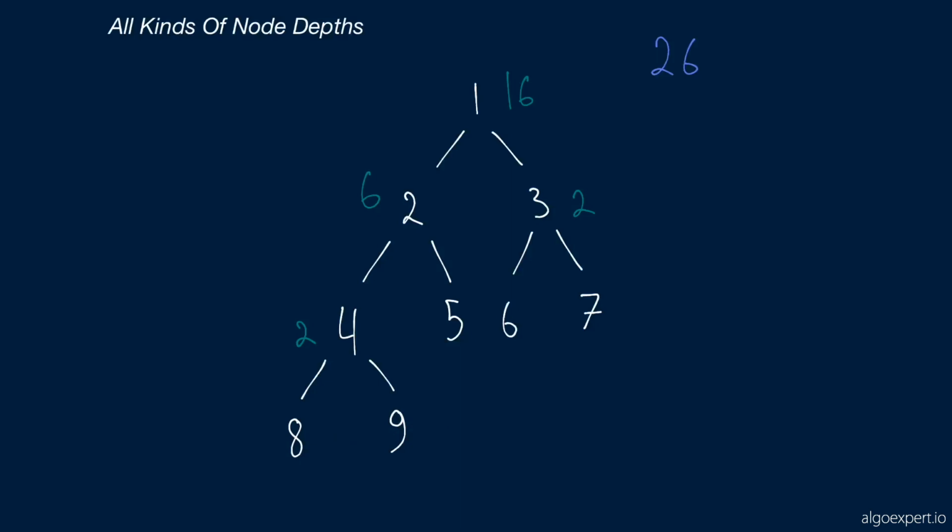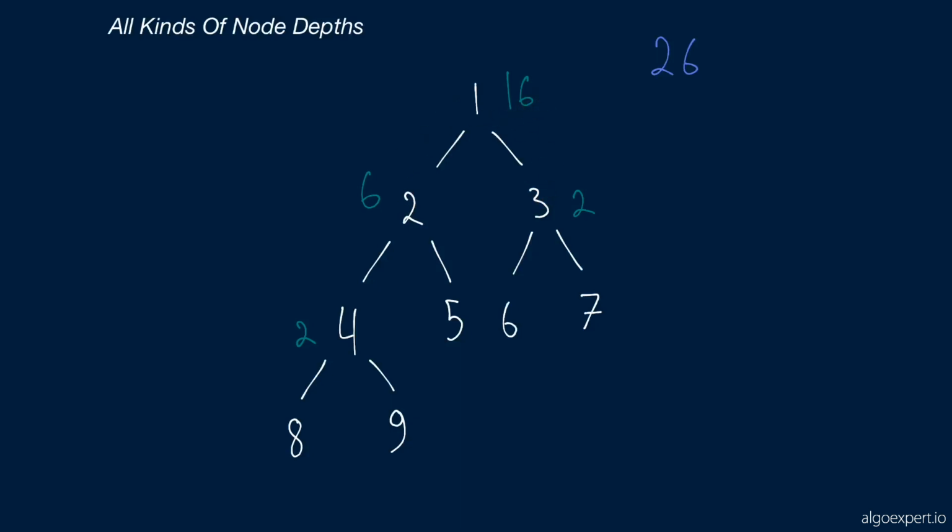So that's going to be 6. Then 4, 5, 6, and 7 all have a depth of 1, 2, right? 1, 2, 1, 2, 1, 2. So 2 times 4, that's 8. 8 plus 6 is 14. And then 2 and 3 both have a depth of 1. So 14 plus 1 equals 16.